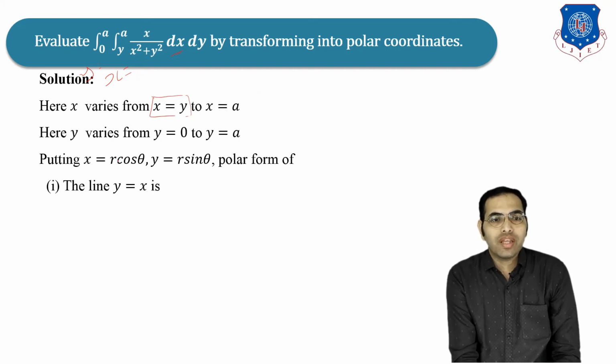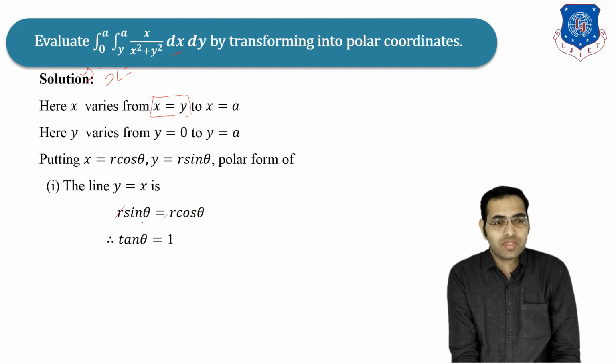Substituting r cos theta and r sin theta, r cancels out, then sin theta equal to cos theta, and bringing cos theta to the denominator, sin by cos is tan theta equal to 1. Making theta the subject, theta equal to tan inverse 1, then theta equal to pi by 4.